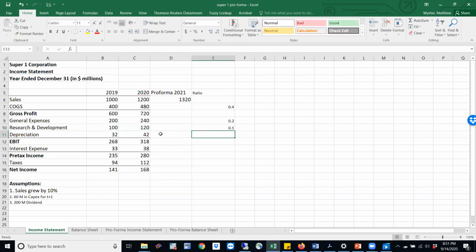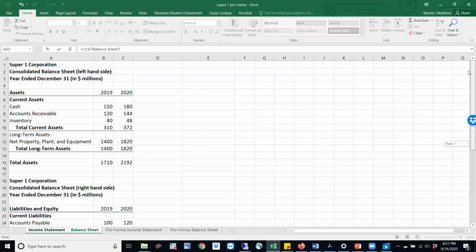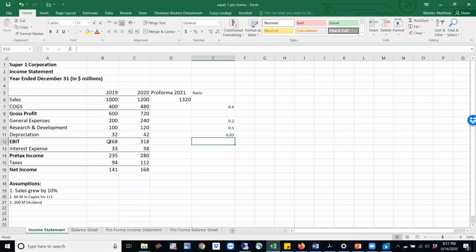And now we've got our depreciation. So for our depreciation, we want to make this a fixed function of our property, plant, and equipment from the previous year. So this is going to equal depreciation in 2020 divided by, we go to our balance sheet, our property, plant, and equipment from 2019. Okay.